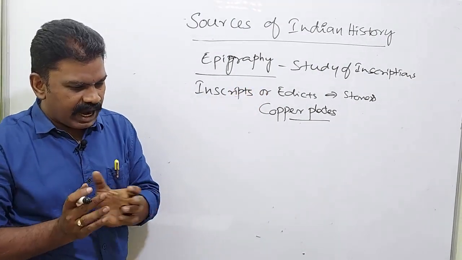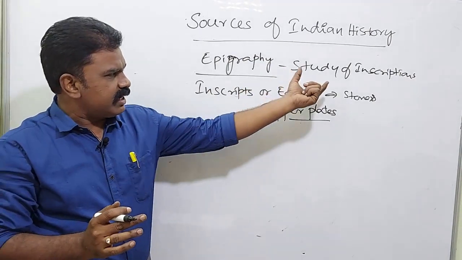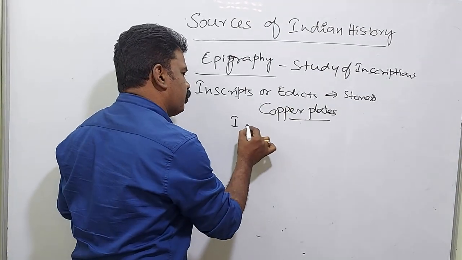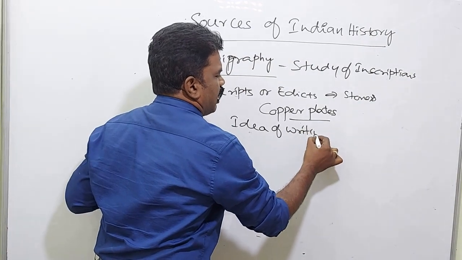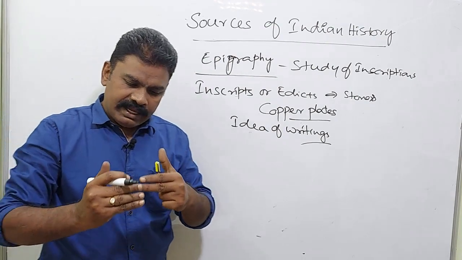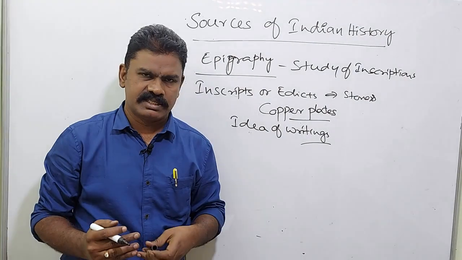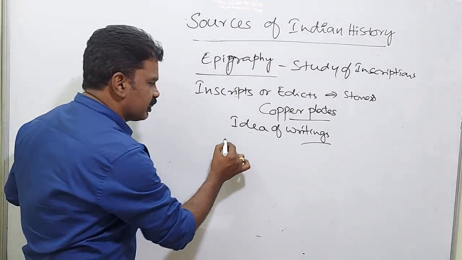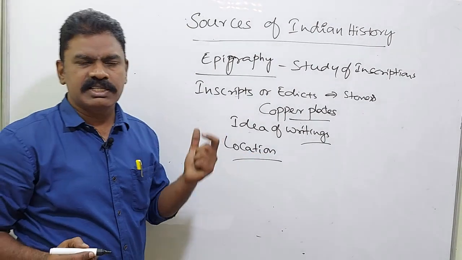After studying inscriptions, we can know the idea of writing of humankind: how they wrote, how the script evolved from one stage to another, the use of the script, and the location of that area. It speaks about the location of the inscriptions.